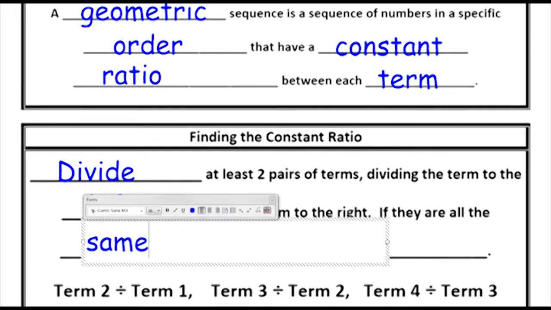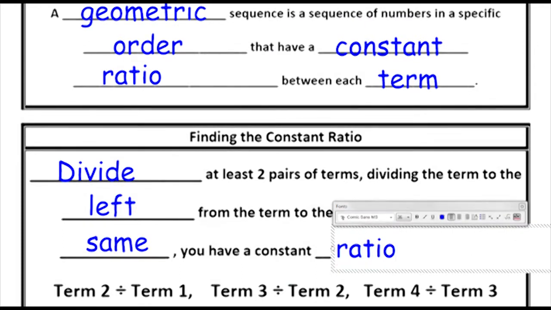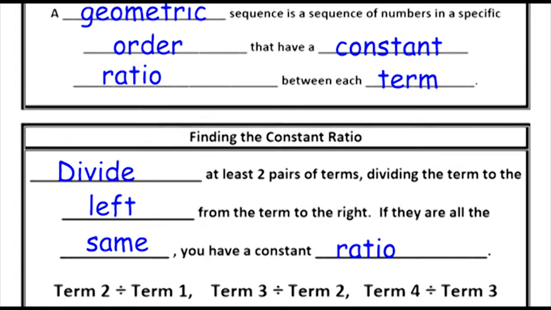We have an example here. You could take term 2 divided by term 1, term 3 divided by term 2, term 4 divided by term 3. You're taking two terms that are next to each other, taking the one on the right, divided by the one on the left. Let's try an example together.